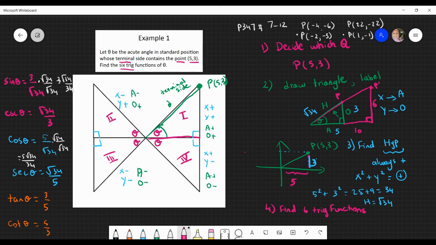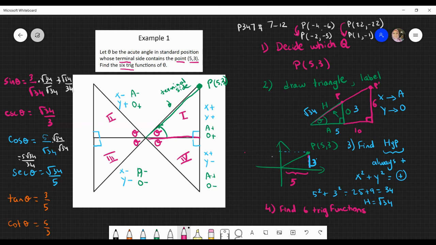So the sine, cosine, tan, all 6 trig functions won't change whether I take the green triangle or that dark pink triangle, because those triangles are similar. So why work with bigger numbers? We can simplify and work with the smaller triangle.